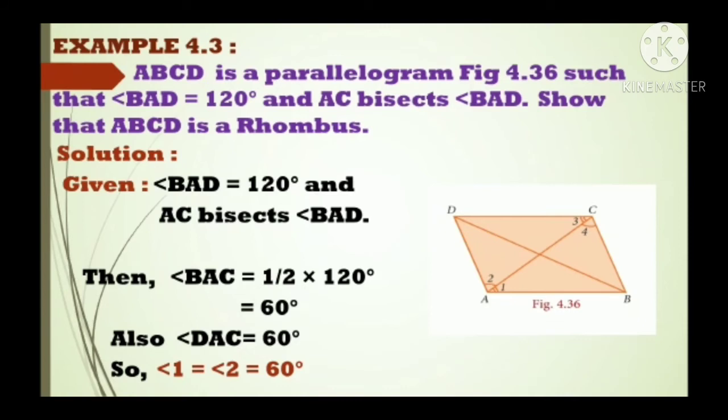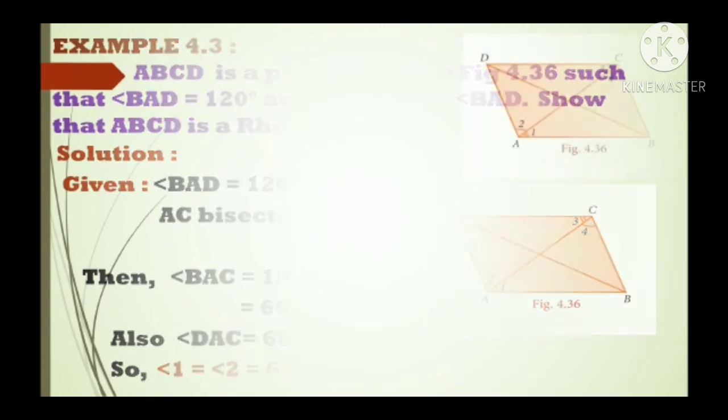Shall we proceed? Yes. So the figure 4.36 is given here. And another detail is the line AD is parallel to BC. They are not horizontal lines. AD and BC are vertical lines here. Okay. AD is parallel to BC and AC is also a transversal here.